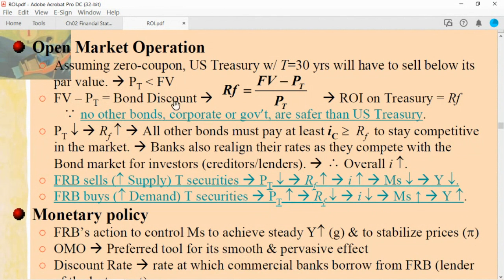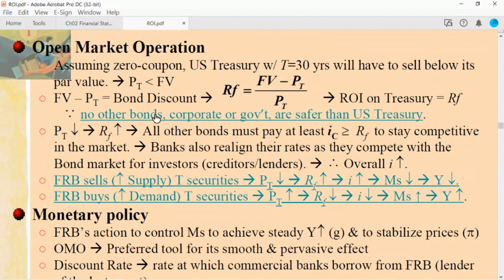But it's also called bond discount, because that's the price at which the bond is selling. The discount is the difference between the face value and the selling price.